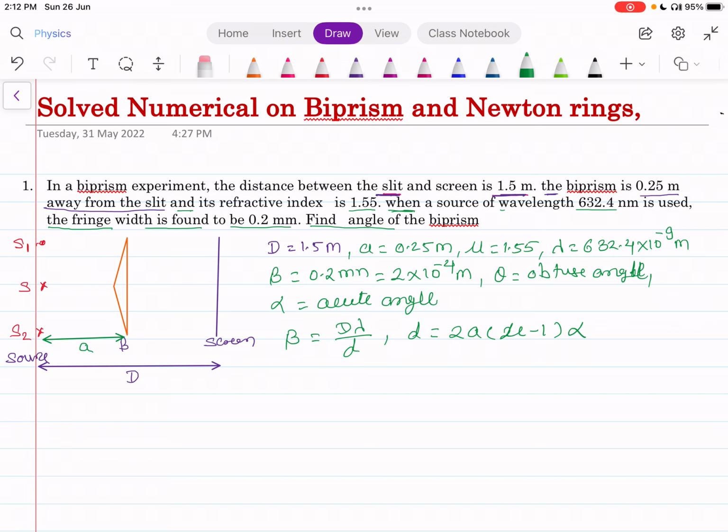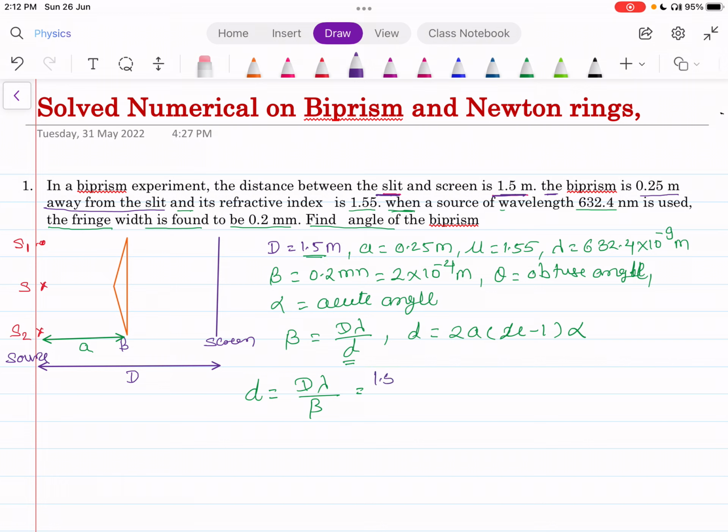So let us first find small d using the fringe width formula. Here small d is equal to D into lambda divided by fringe width beta. D is given, which is 1.5 meter.